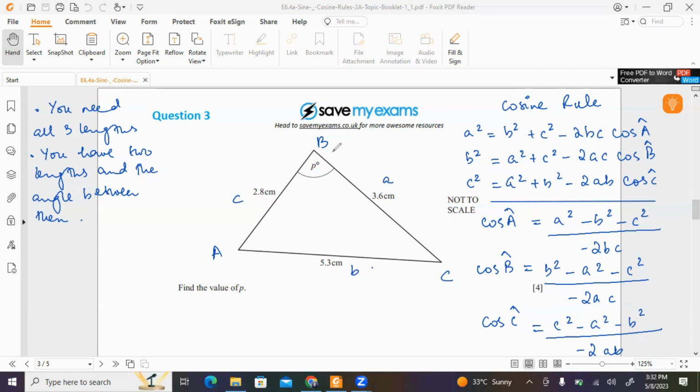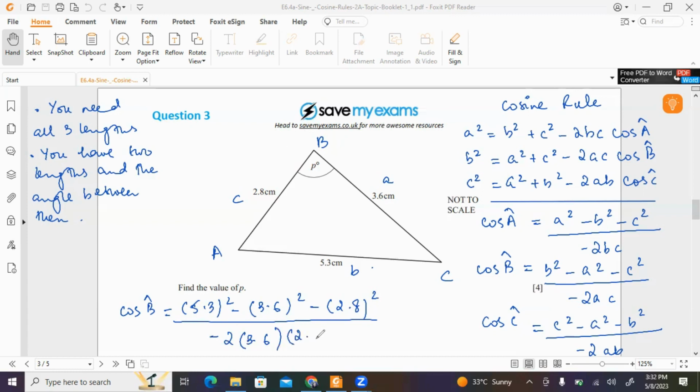In our case, we're trying to find the angle B. So we can use cos B equals b squared, which is 5.3 squared, minus 3.6 squared minus 2.8 squared, divided by negative 2 times 3.6 times 2.8.